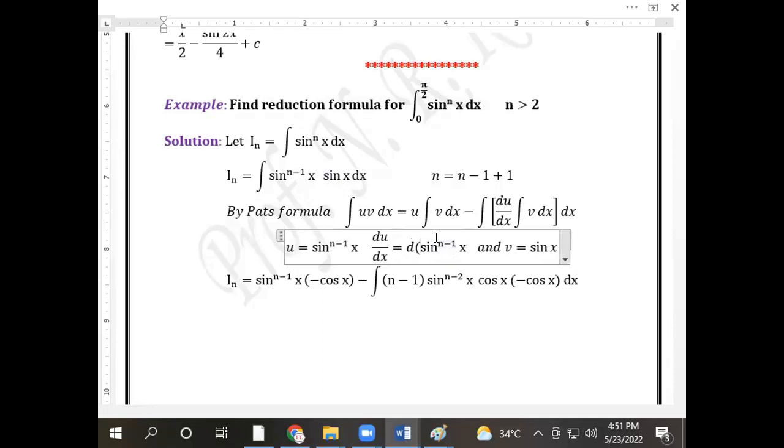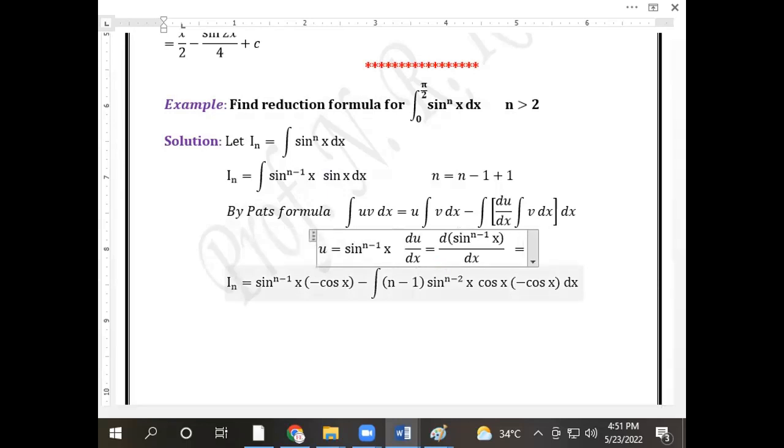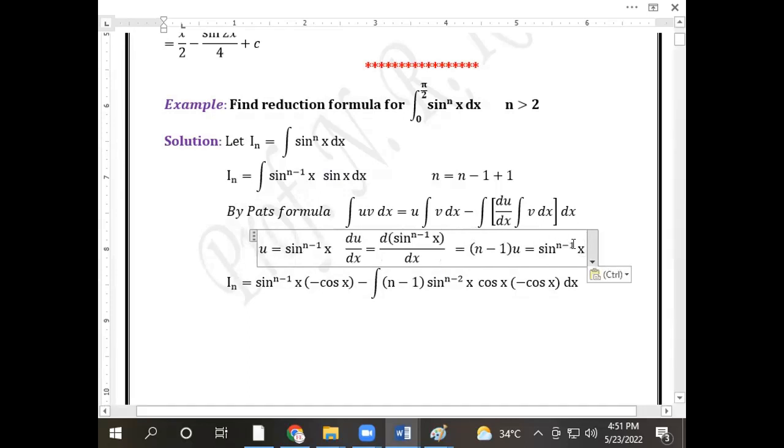It can be found by using the formula for x raised to n. The index of sine is n minus 1, so we write n minus 1, and the index reduces by 1 to become n minus 2.